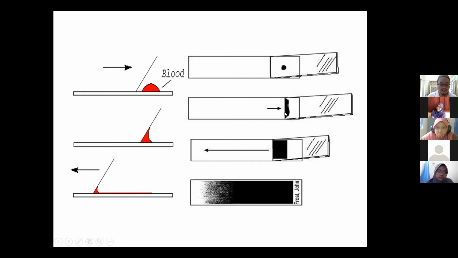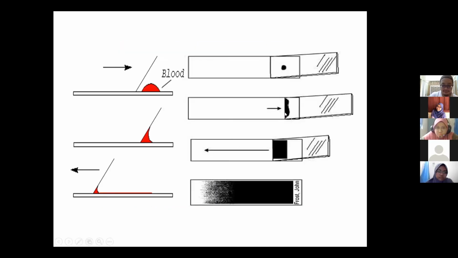The aim of this smear is to provide an area where the cells, at the side here, the cells here are all one cell layer. Ketebalan kat situ satu sel je. Kalau dekat sini, dekat tempat the blood was dropped, these are very thick areas.